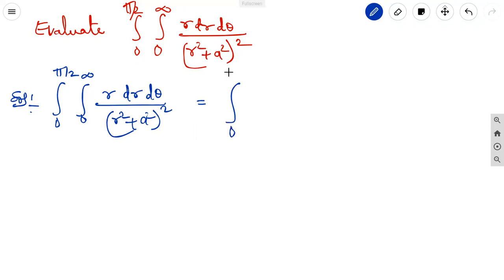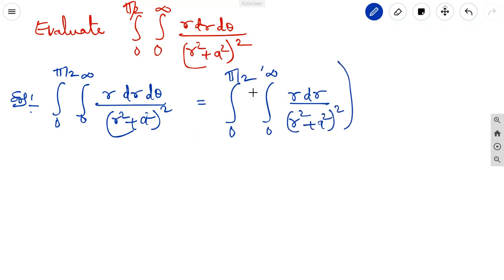So integral 0 to π/2 of the integral 0 to infinity r dr by (r² + a²)², whole dθ.